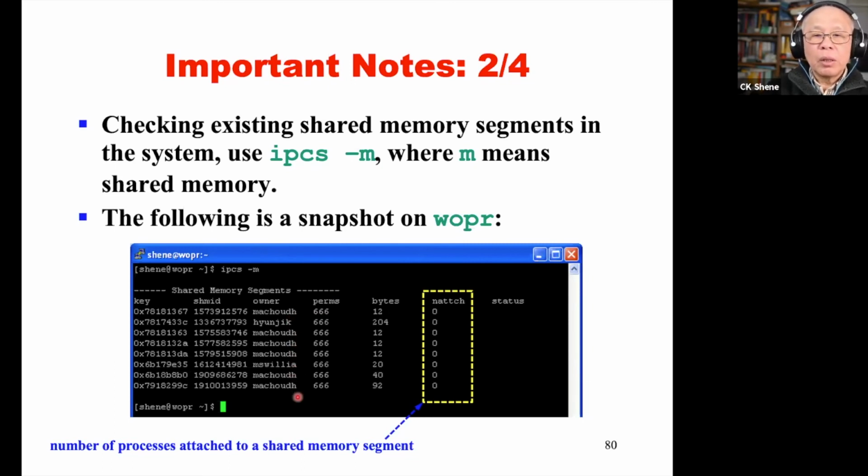So that means this user failed to remove its shared memory segment when his processes ended, whether normally or abnormally. When you see number attached is zero, it means no one is using it. So definitely that's a problem.